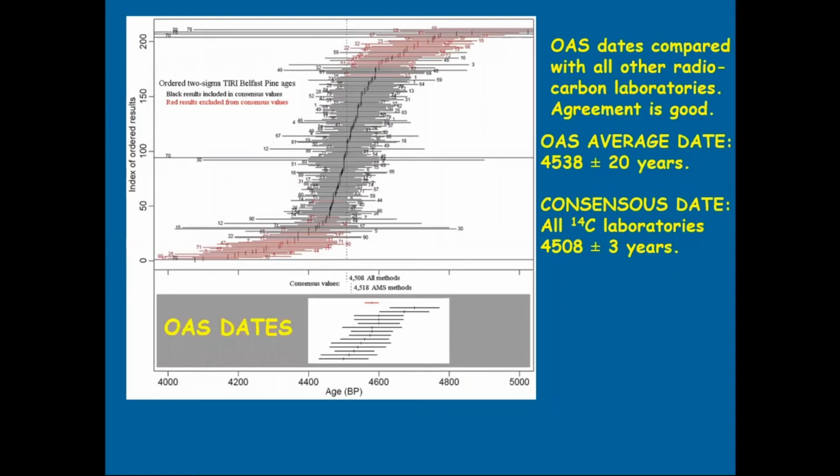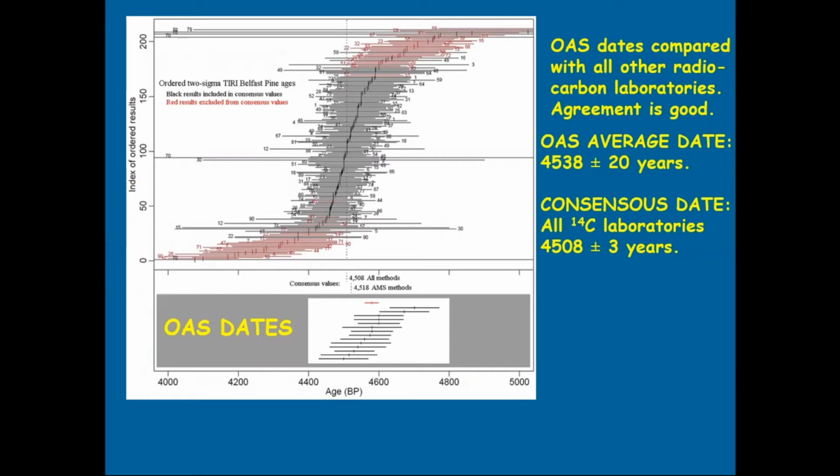That same wood has been used to show that our system gives results that are comparable to other laboratories in the world. The upper part of this sigmoid graph is the radiocarbon dates from all the radiocarbon laboratories in the world. And the one below, which shows 14 or so radiocarbon dates, are our dates.